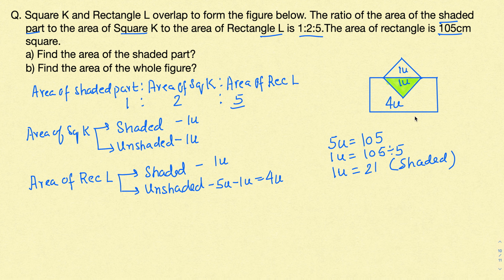If we take the area of the rectangle, this full thing, the area of this full rectangle is 5 units, and that includes the shaded part. So we just need to add this extra 1 unit, the unshaded part of the square.